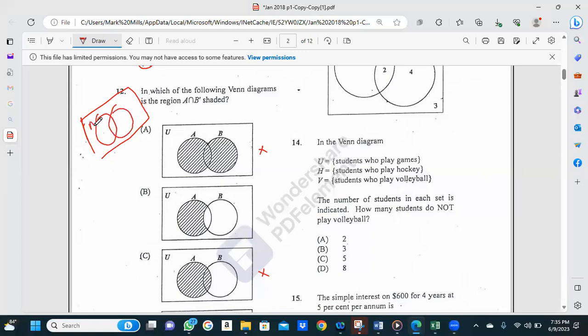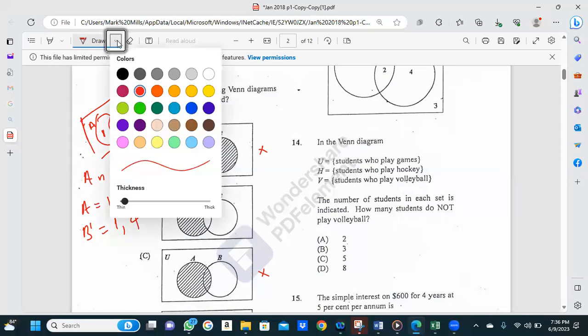I name them A and B, and I name here 1, the middle 2, here 3, and the outside 4. And then I want to find A intersect B complement. Whatever I have in A is 1 and 2. The B complement means what is not in B. Which numbers are not in B? I have 1 and 4. Now, which of them is common? What do you see in A and B complement?